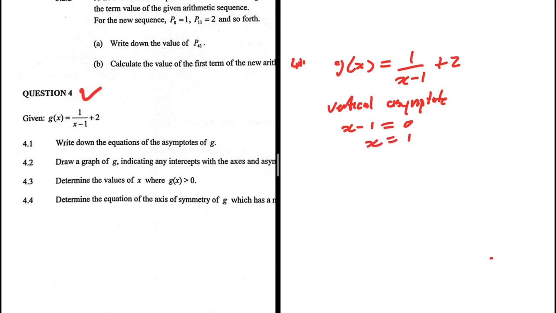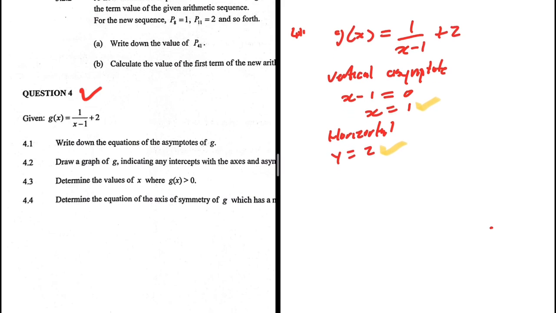That is our vertical asymptote. And now our horizontal asymptote will be y is equal to 2, because we know that the graph cannot touch 2. So horizontal asymptote, y is equal to 2. There we go. X is equal to 1 and y is equal to 2 are our asymptotes.